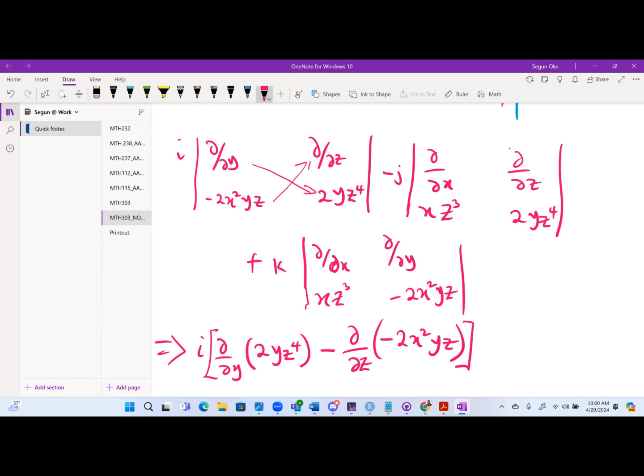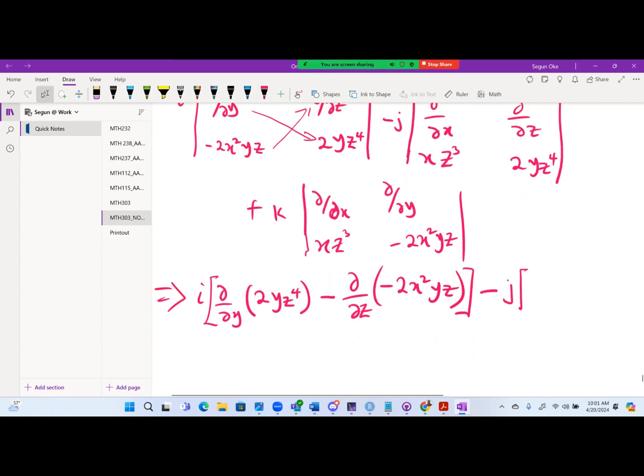For j, we have minus j, or some people can put plus there, but if I put minus there now, it will still work. Why am I saying plus is fine? You can interchange it inside.